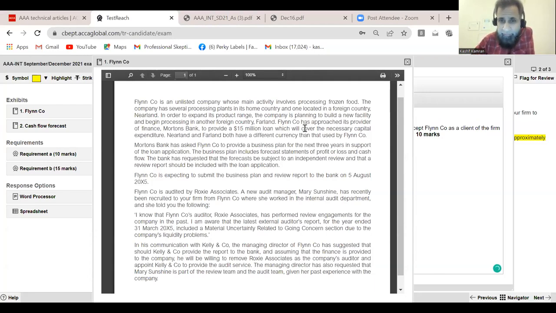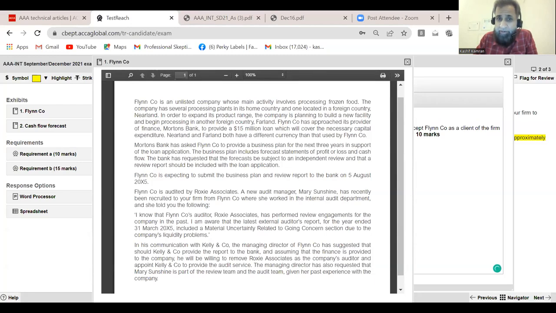Flynn Company has approached its provider of finance, Morton's Bank, to provide a $15 million loan, which will cover the necessary capital expenditure. So they want to go to a new country and set up a plant. They need $15 million, so they have contacted their bank for a loan application.